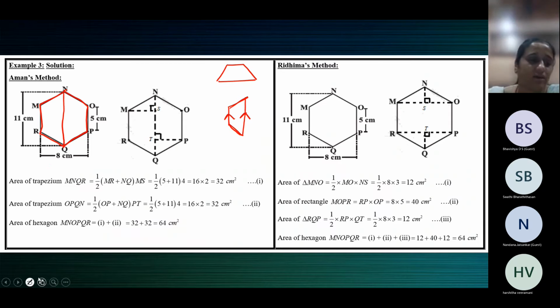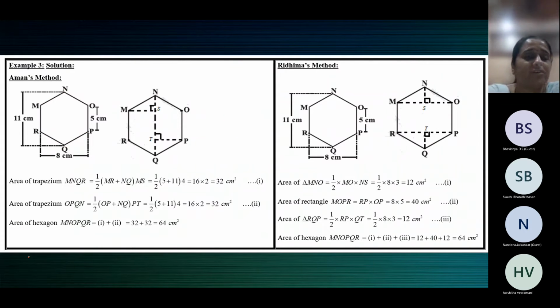Yes, ma'am. Okay. Now, what's the formula to find the area of a trapezium? Half sum of the parallel sides into distance between them. So we have to identify the parallel sides and the distance between them. That is why we draw the perpendicular MS, because this is the distance between these 2 parallel sides. And in the other trapezium, we have taken the perpendicular PT because that is the distance between these 2 parallel sides.